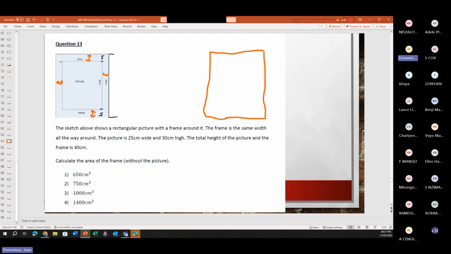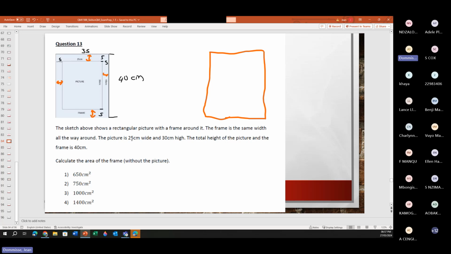So because it's the same, that will also be 5. That will also be 5. So the total length here would be 40 centimeters because that's what we're given. But the total width there will be 5 plus 25 plus 5, which is 35.